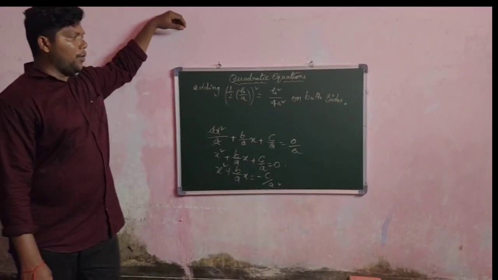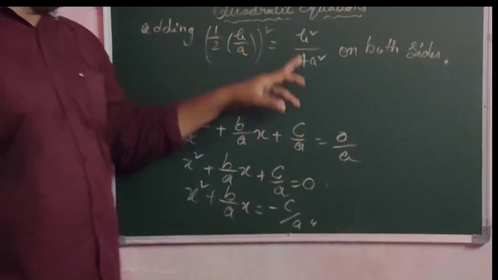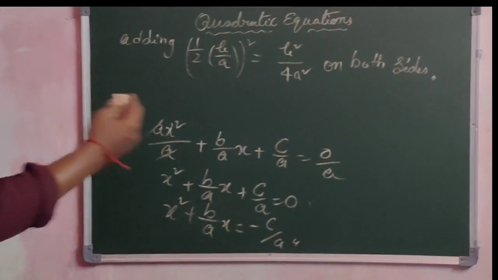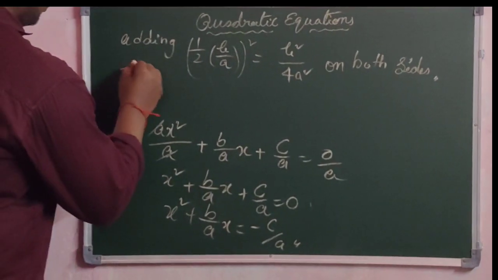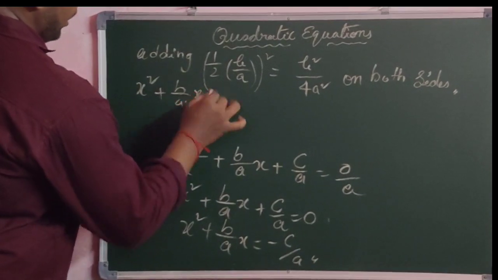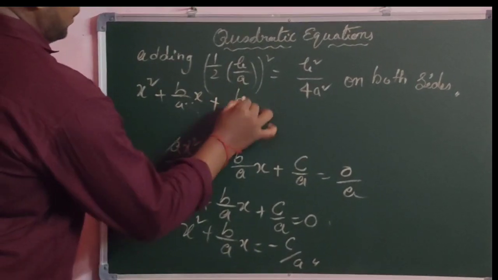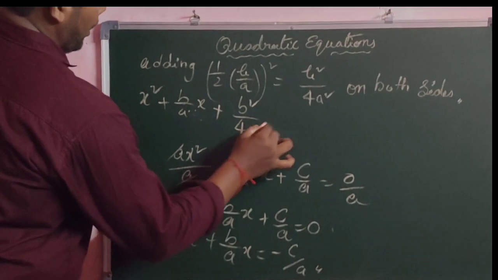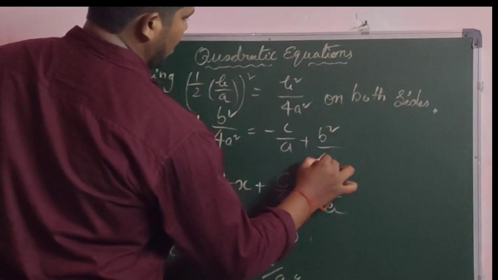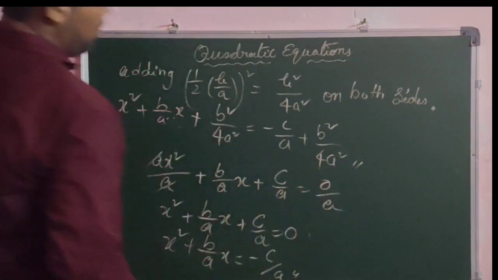Add b by 2a whole square, that is b square by 4a square, on both sides. So I will add it to both sides. So x square plus b by a into x plus b square by 4a square equals minus c by a plus b square by 4a square. Okay.